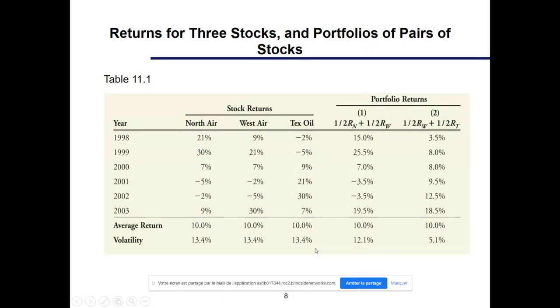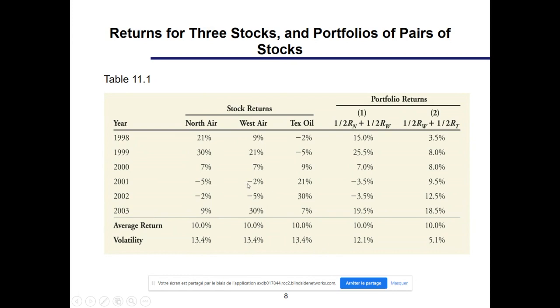All three stocks have the same average return and the same volatility. Even though each stock has different returns each year, at the end they have the same expected return and same volatility.